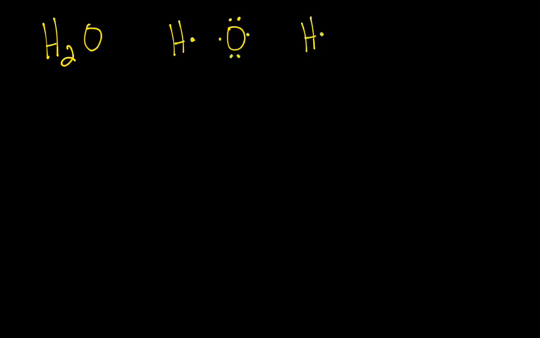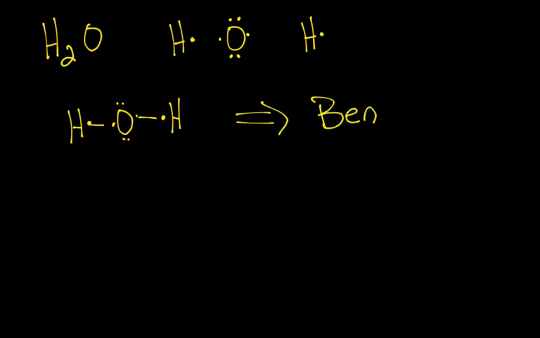Oxygen has 6, giving us a Lewis dot structure like that. And the shape is going to be bent, which means it's going to look more like this.